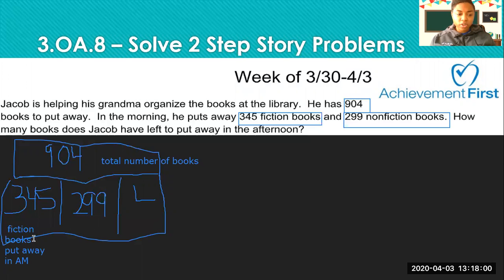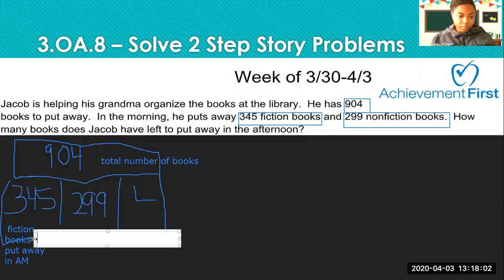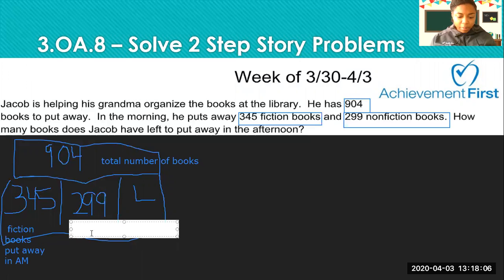Then let me think, what does the 299 represent? The 299, it's the number of nonfiction books put away in the AM.